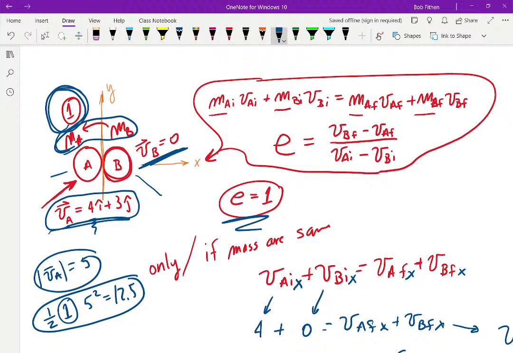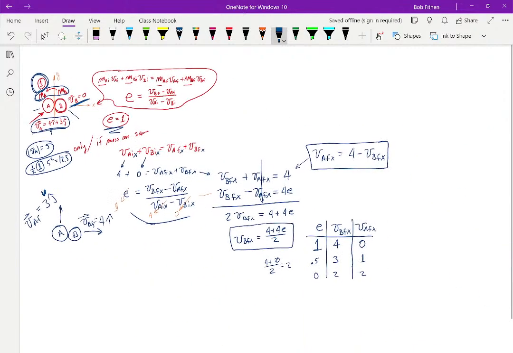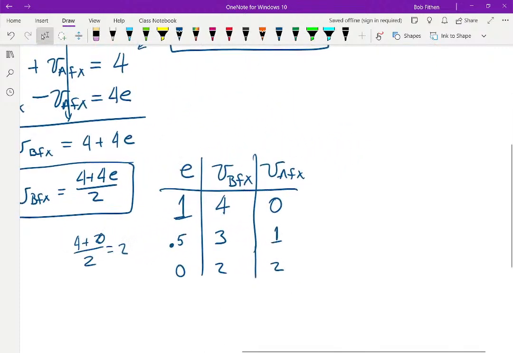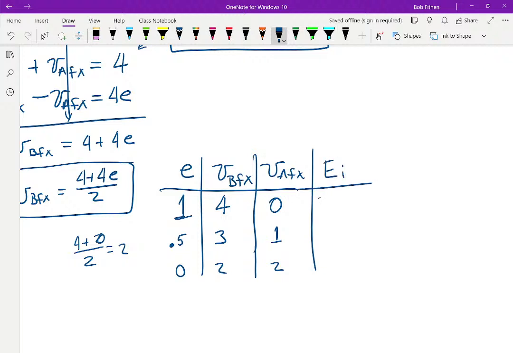That is your initial energy. So let me just write that over here. There's no table for it. I guess I could write it down. Energy initial. Okay, it's the same everywhere. This is before impact. Let's now look at the energy final.